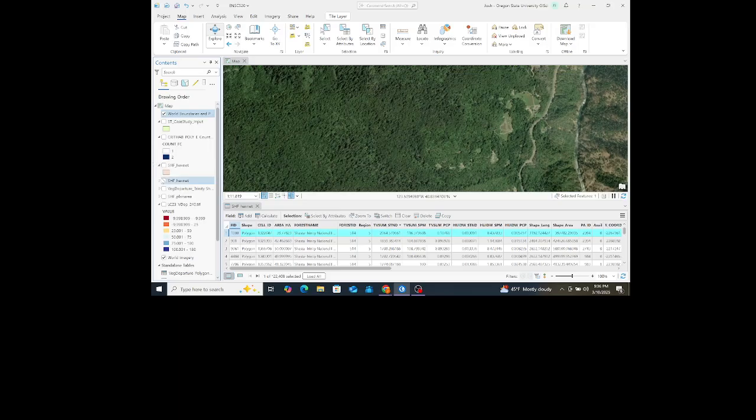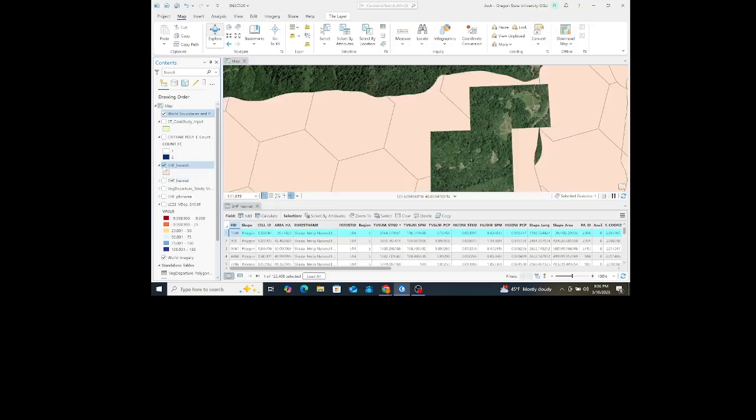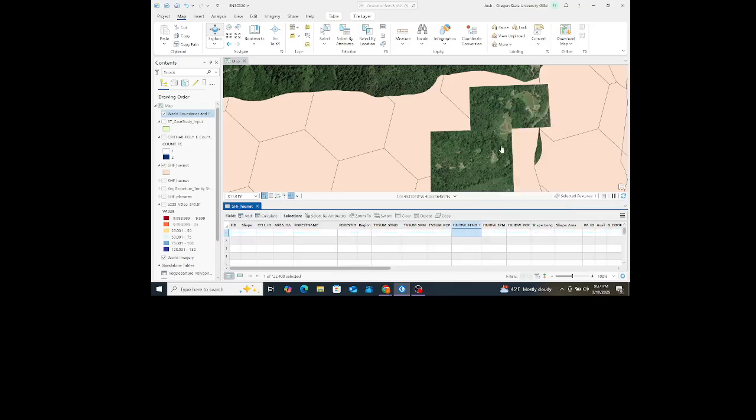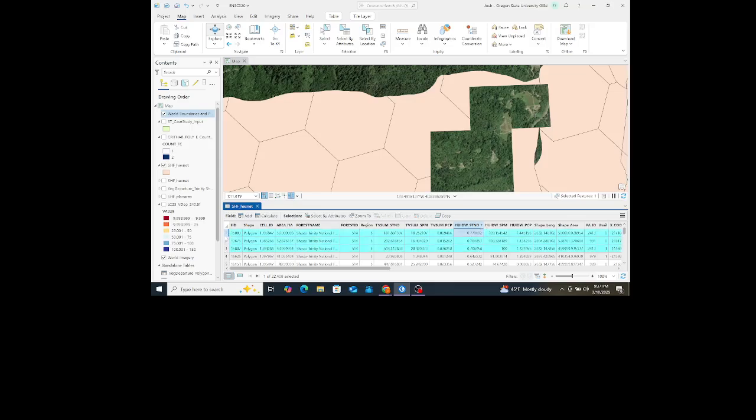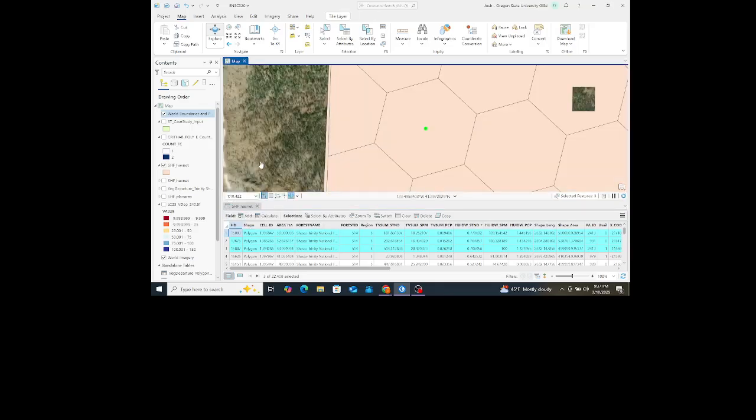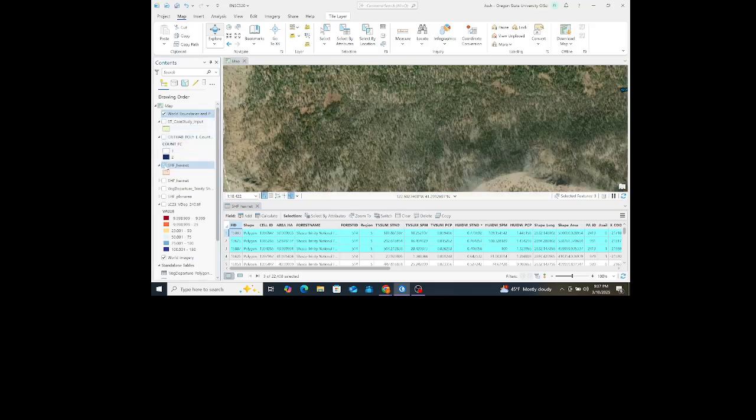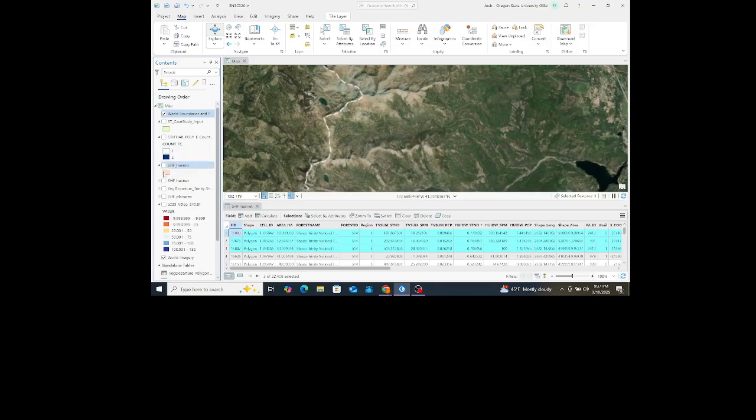And so our other main value that we're looking at is this HUIDW per stand. And that is a value representative of the homes under imminent danger of wildfire for each stand. And so let's see what that means. We have some with really high values here. Let's zoom to those.